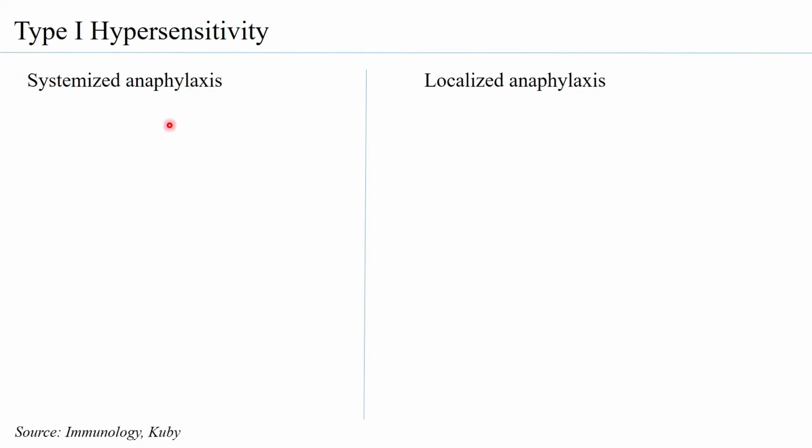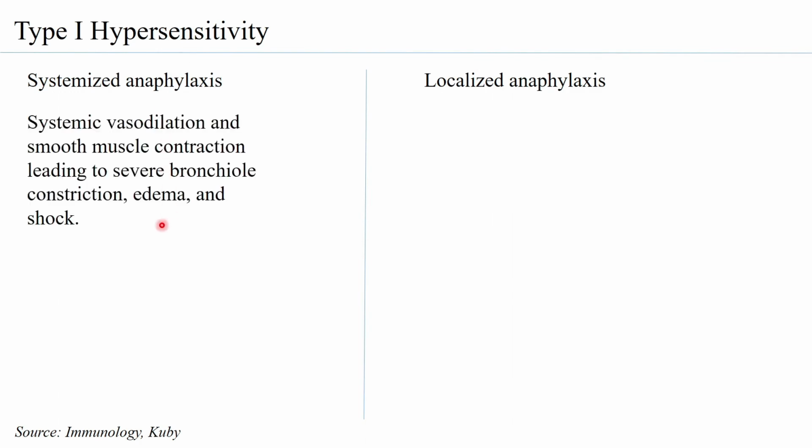For example, if you see rashes all over the body, that is systemic. But if you have a rash only near, say, the place where the mosquito bit, then that is considered localized anaphylaxis. Systemic vasodilation and smooth muscle contraction can lead to severe bronchial constriction, edema, and shock. And it can be fatal.